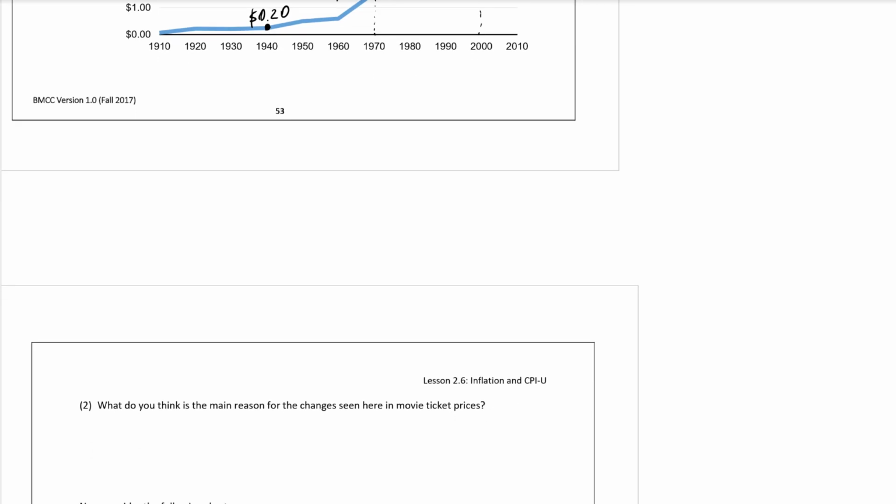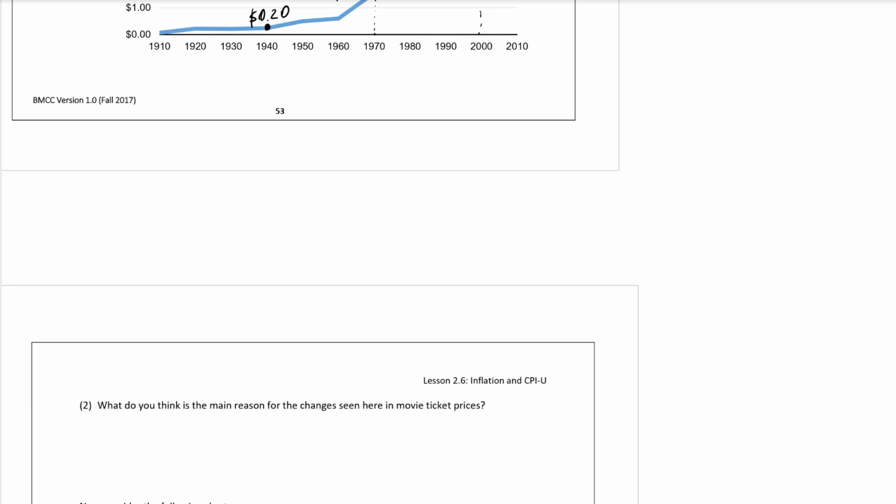Question number 2, what do you think is the main reason for the changes seen here in the movie ticket price? So why do you think the prices were going up? Can you write a couple of reasons? Alrighty, let's review. You might have said that maybe production of movies became more expensive. Maybe people were more interested in going to the movies, so there are more people going out.